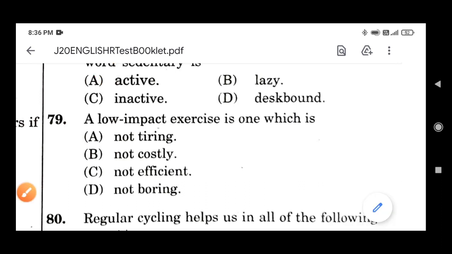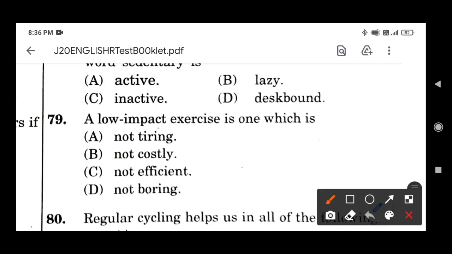And now come to the last but one question: what a low impact exercise is, one which is not tiring, not costly, not efficient, not boring. So the low impact exercise is one which is not tiring. So the answer is A.